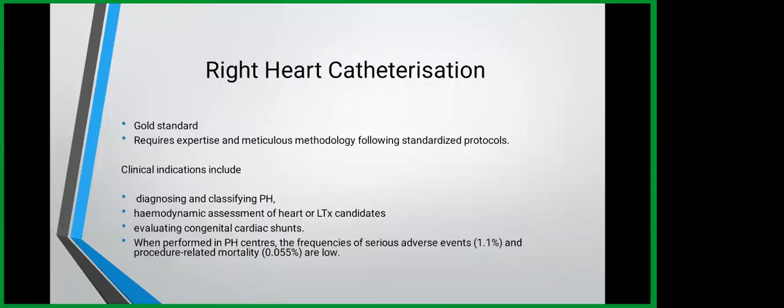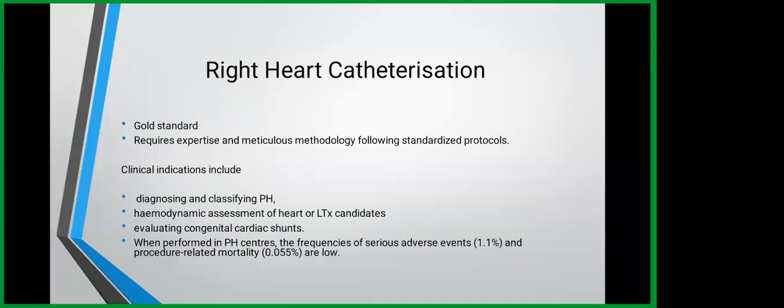Okay, so like I said, right heart cath is the gold standard for diagnosing pulmonary hypertension. It requires expertise and meticulous methodology, and it should be done following standardized protocols. The indications for right heart cath: you want to diagnose and classify it. You diagnose the pulmonary hypertension and tell what group it is.